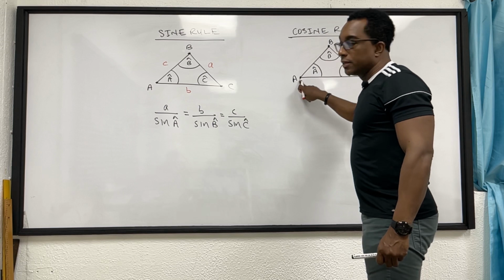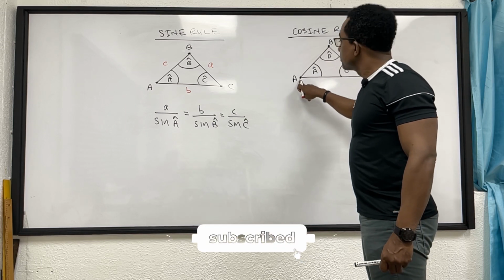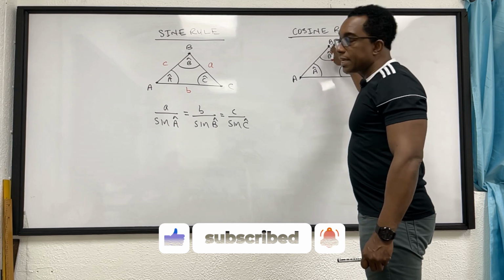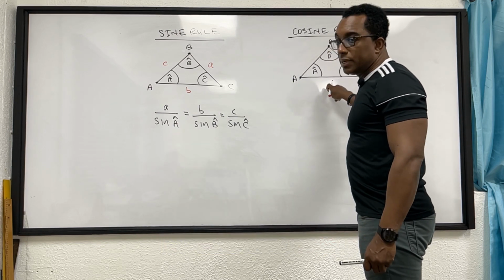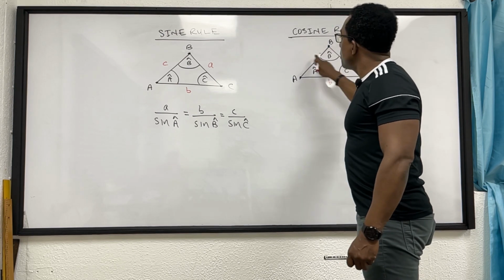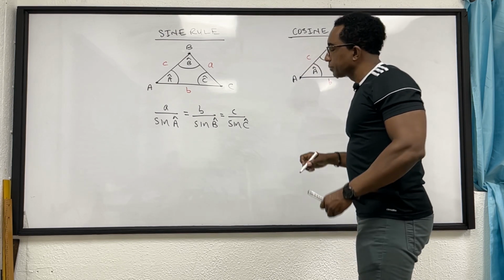So if it's the vertex at A, the side opposite will be lowercase a. Vertex at B, the side opposite we label lowercase b. Vertex at C, the side opposite we label lowercase c.